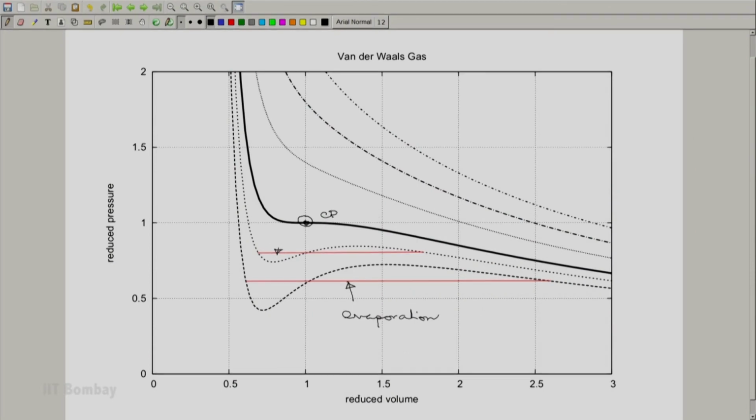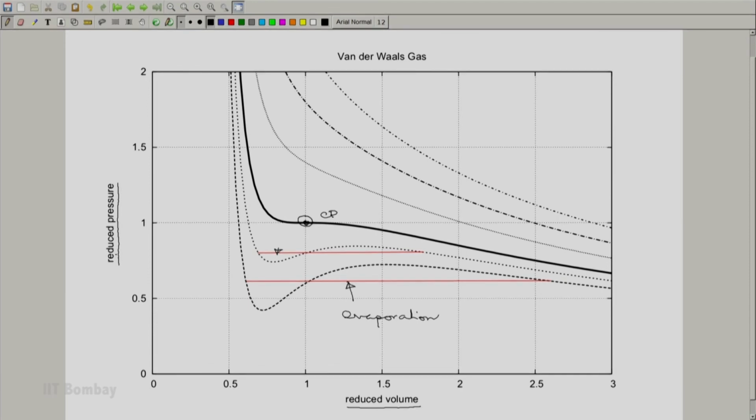And if we divide the real temperature by the temperature of the critical point, then we get the reduced temperature. If we divide the volume by the volume at the critical point, we get the reduced volume. And if we divide the pressure by the pressure at the critical point, we get the reduced pressure. Okay.